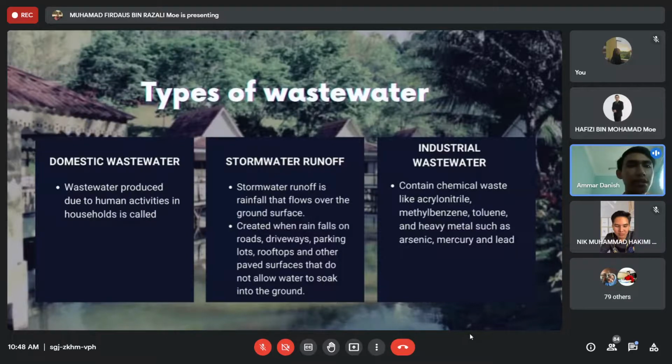It is created when rain falls on roads, driveways, parking lots, rooftops and others. And lastly, industrial wastewater. It contains chemical waste like hydrochloride, methylbenzene, toluene, and heavy metals such as arsenic, mercury, and lead. Next.